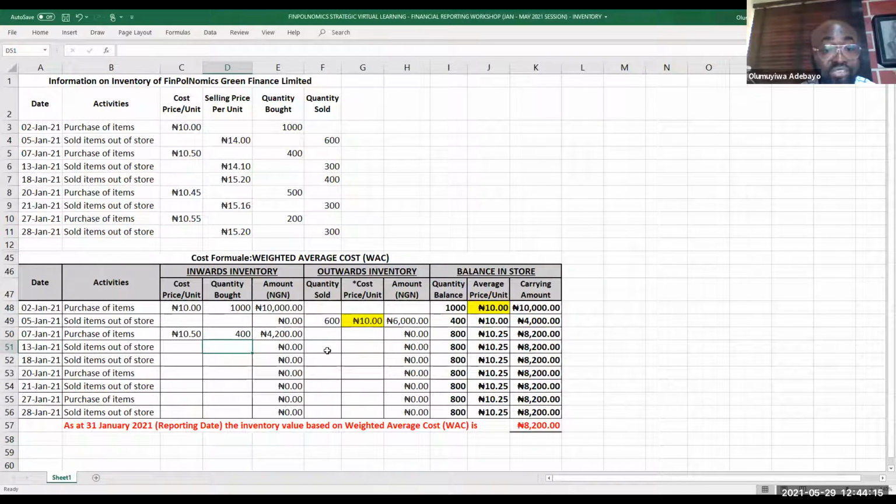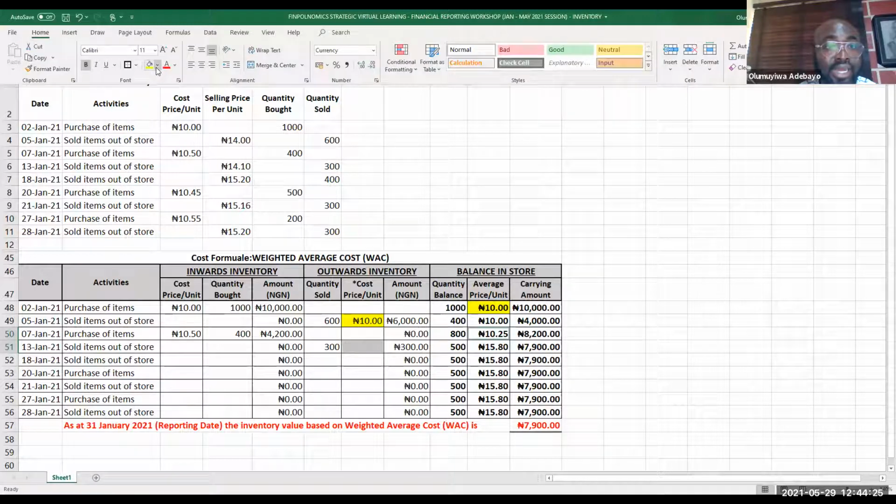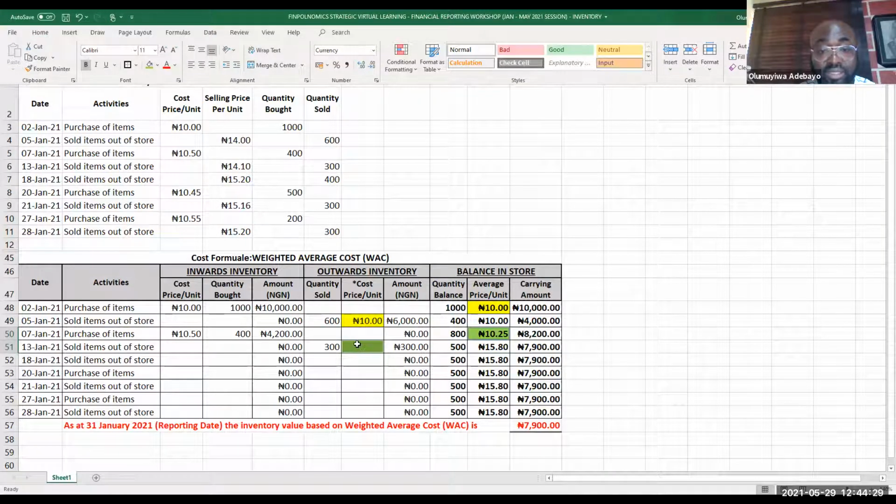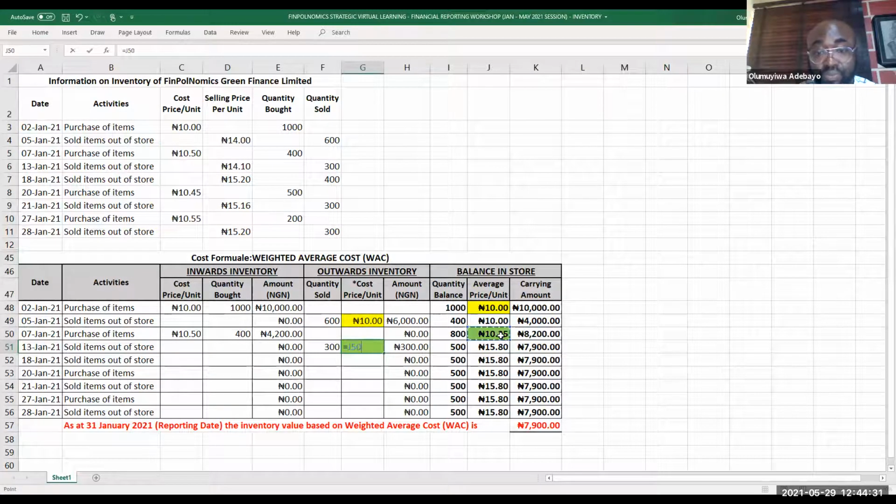Now, at the point I've sold an item, I sold an item of 300. The price I'm going to pick is the weighted average price obtained at this point. And what is it? It's 10 naira 25 kobo. Now, again, on the 18th, I issued out 400.